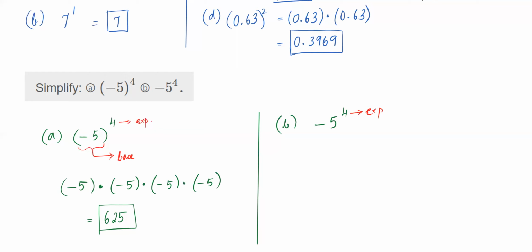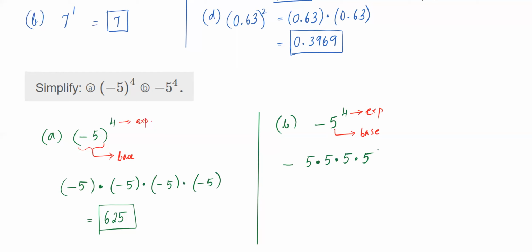What does this mean? This means that you have to keep the minus out of the picture and just focus on the base, which is your 5. So the base is 5 with the power 4, meaning the 5 gets multiplied 4 times because of the base.